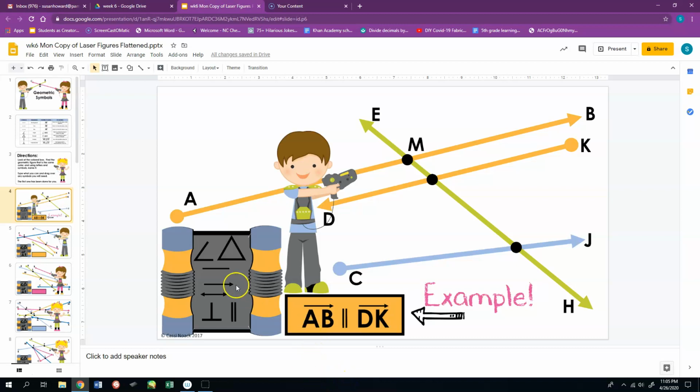And so I'm going to drag over the symbol over here by clicking it and dragging it over and putting it in the box, and then typing AB, then grabbing that symbol parallel and bringing it over, and then my ray symbol again, I will bring it over and type DK. All right, let's see how this works on the next slide.